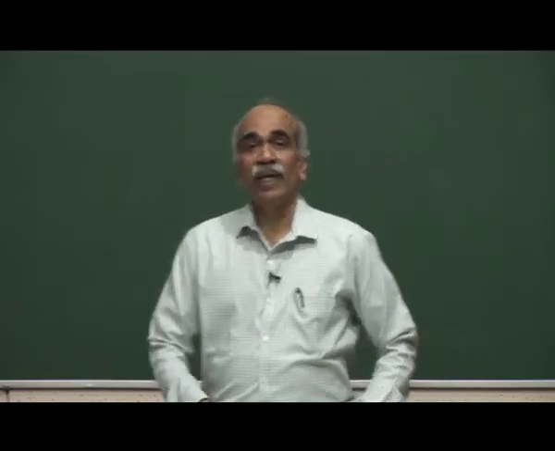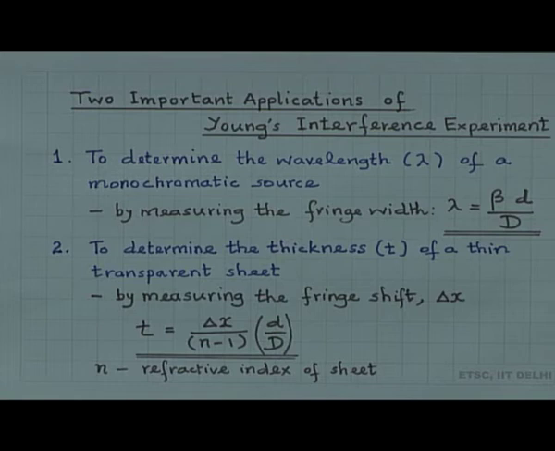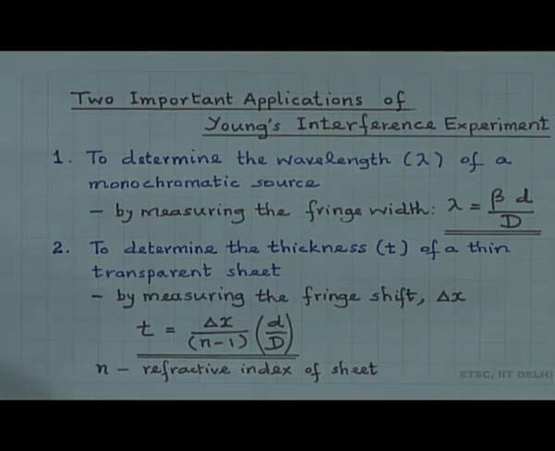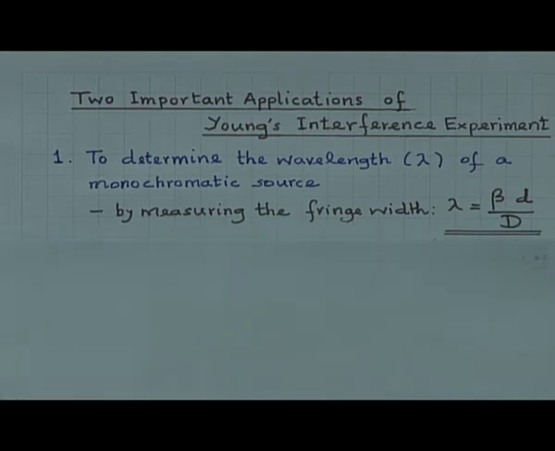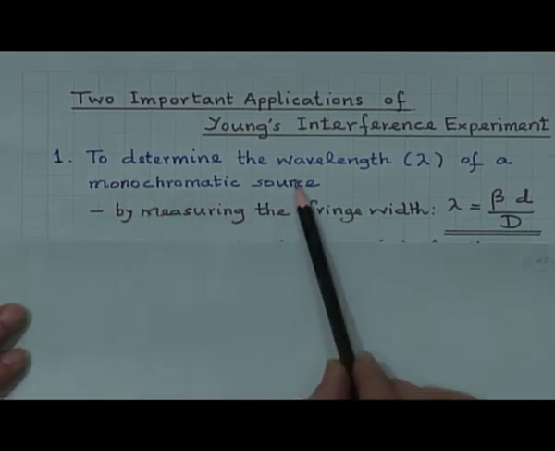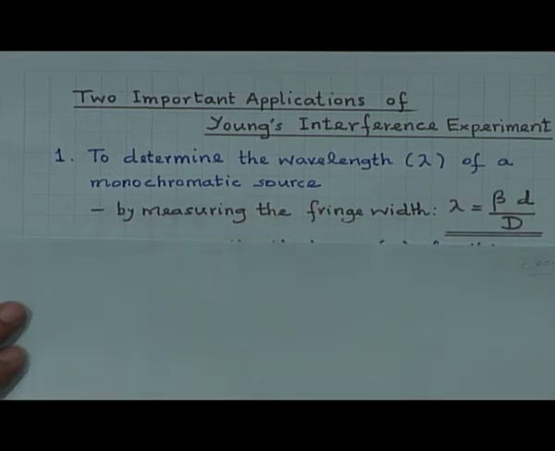Two important applications. Let us see them one by one. First, to determine the wavelength lambda of a monochromatic source by measuring the fringe width. We have worked out the formula lambda equals beta into d by D, where beta is the fringe width, d is the separation between the two holes, and D is the distance to the screen. By measuring the fringe width, one can determine the wavelength of a monochromatic source if lambda is unknown.